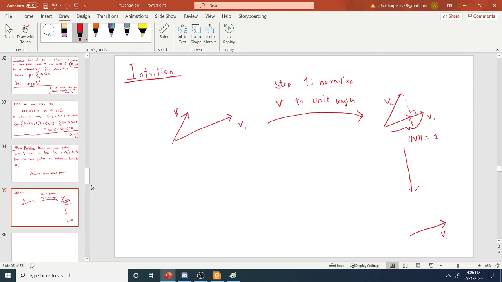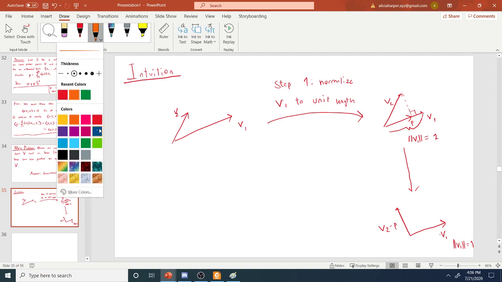Again, we still have v1, and v1 has unit length. But now we have v2 minus p.